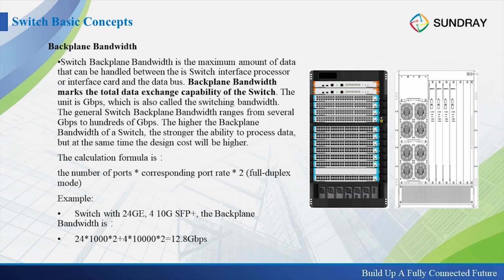A switch with 24 gigabit Ethernet ports and four 10 gigabit SFP plus. So what is the backplane bandwidth of this switch? This is 24 ports times 1 gigabit times 2, plus four 10 gigabit SFP ports times 10 gigabit times 2, and then we get 128 Gbps, right?